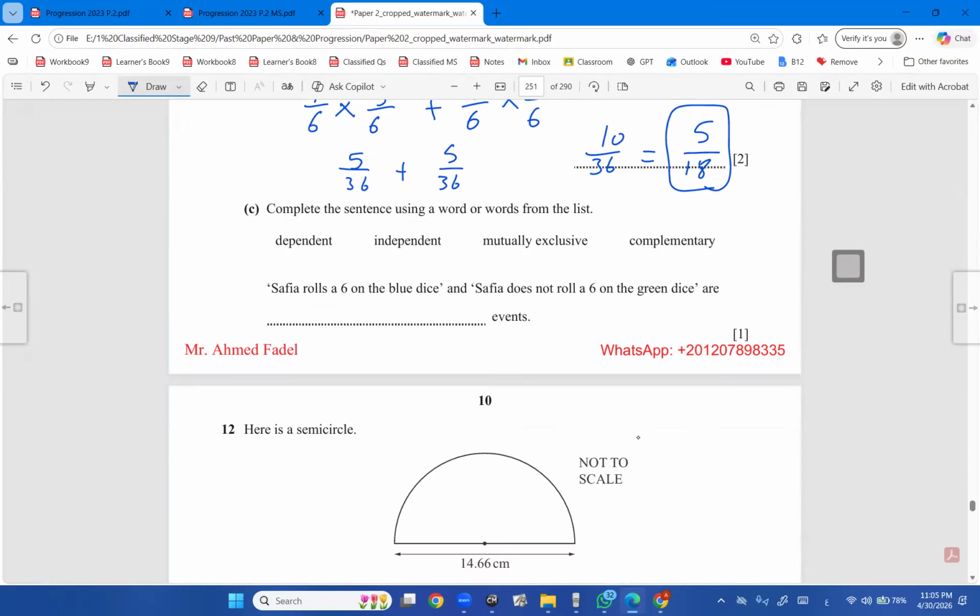Complete the sentence using a word or words from the list. Safia rolls a 6 on the blue dice, and Safia does not roll a 6 on the green dice. Are what events? They are independent. Why? Because none of them actually affects the other.